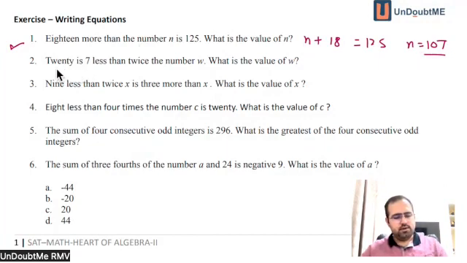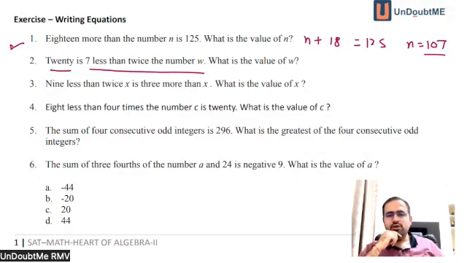7 less than twice the number w is 20. So my question is, will it be 7 minus 2w or 2w minus 7? 7 minus 2w.